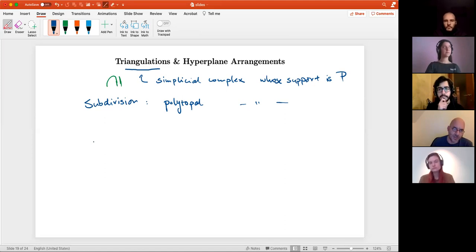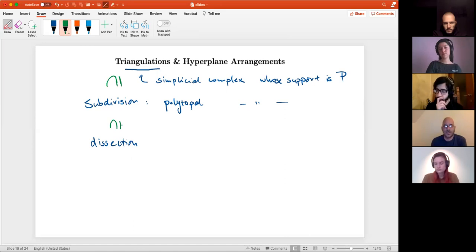Then sometimes you will hear or read the word dissection. A subdivision is a special dissection. Now I don't care anymore that two polytopes meet in a face.